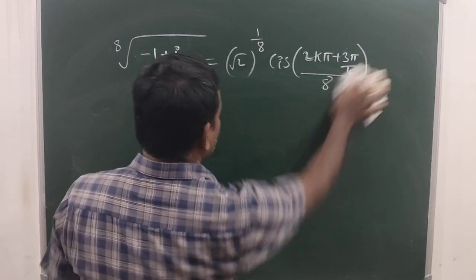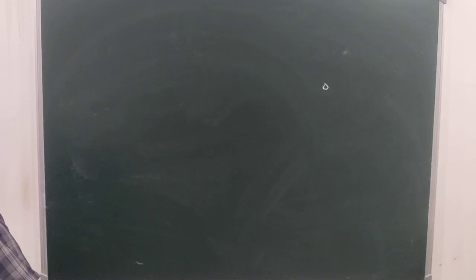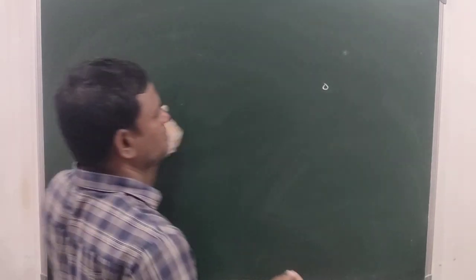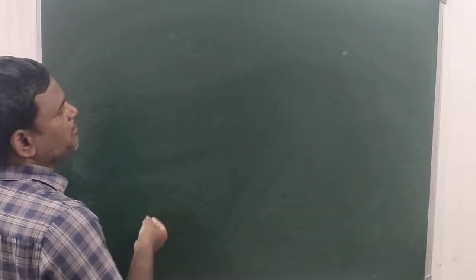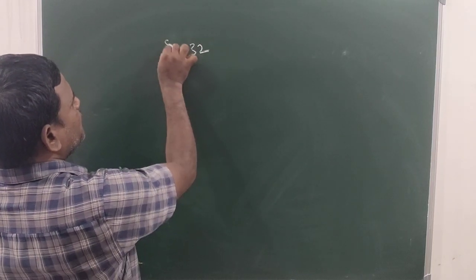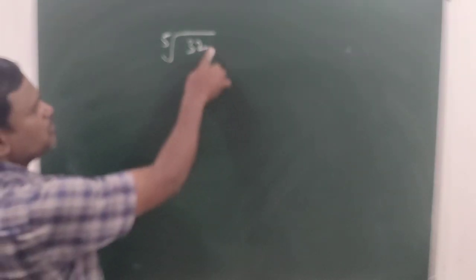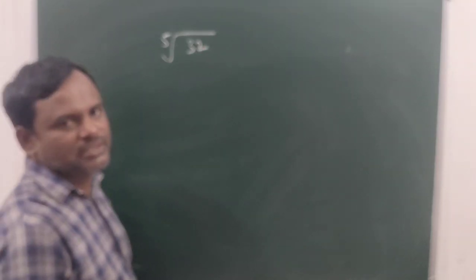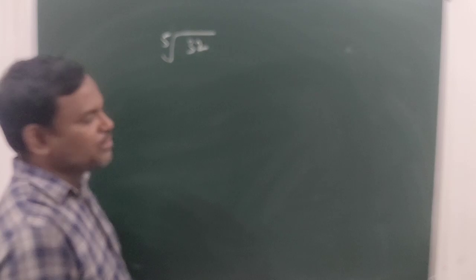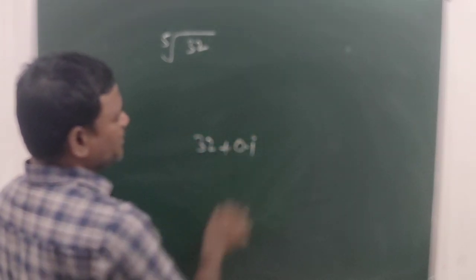Okay students, suppose I give you a complex number like this, the fifth root of 32. Let me explain. What do you do? You would have to write 32 as 32 plus 0i.